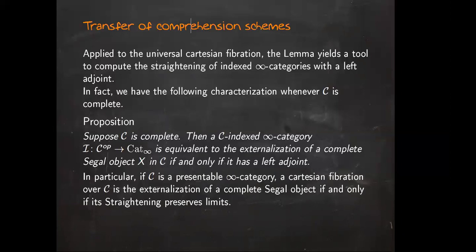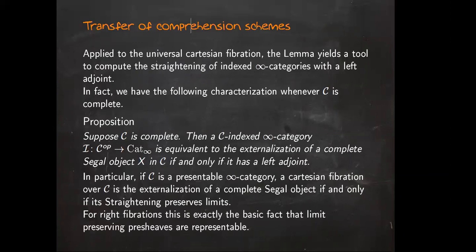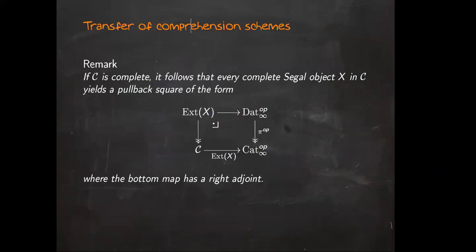So in particular, if C is presentable, right? What we see is that C is the externalization of a complete Segal object if and only if its straightening preserves limits, because of the right adjoint functor theorem, right? So if we restrict this to right fibrations, this is exactly the fact that the limit-preserving presheaves over presentable infinity categories are exactly the representable ones.